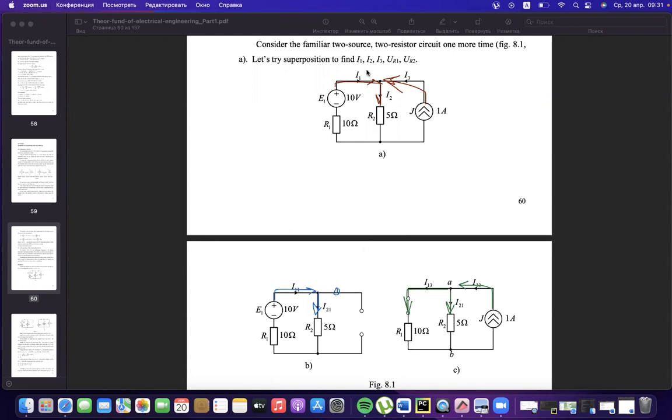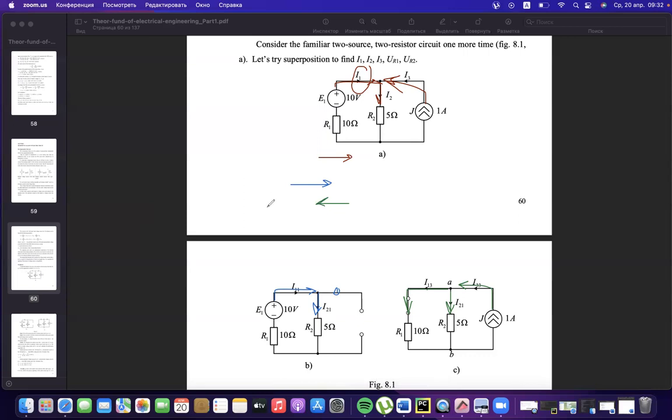For example, if we want to find the value I1, then we have the direction from left to right in the initial circle, and in the first partial the direction is the same, and in the second partial the direction is opposite.